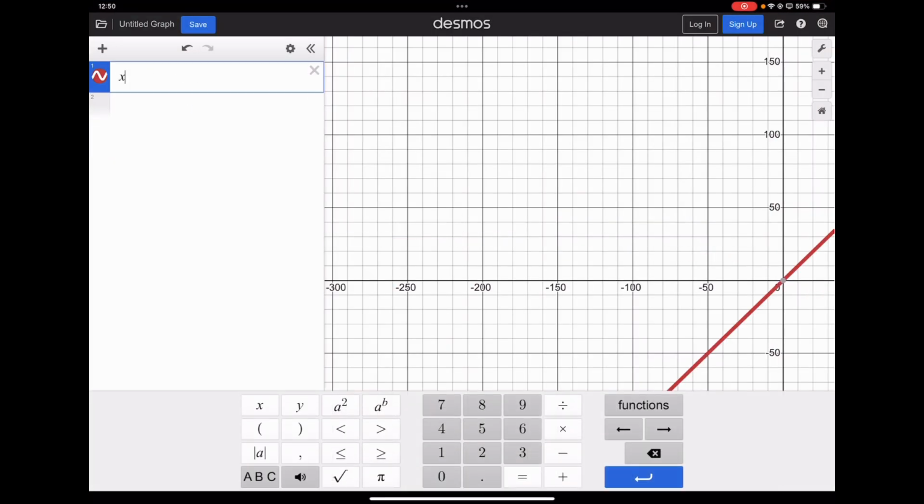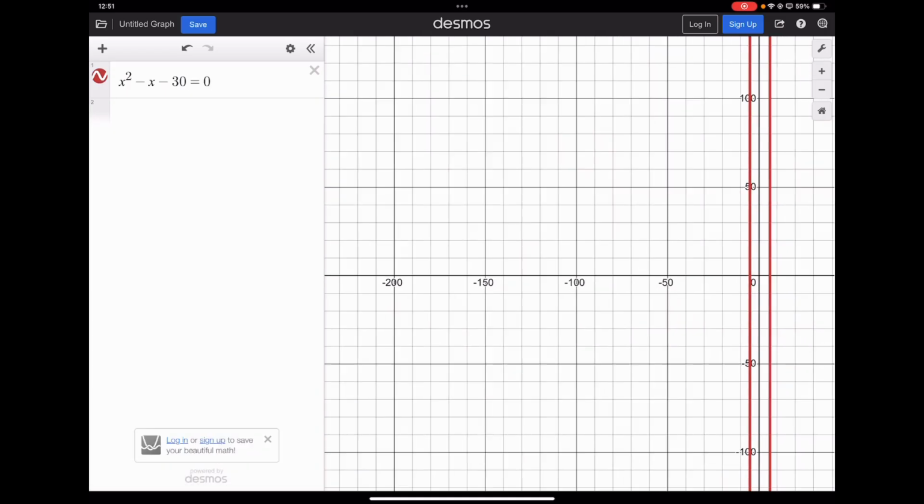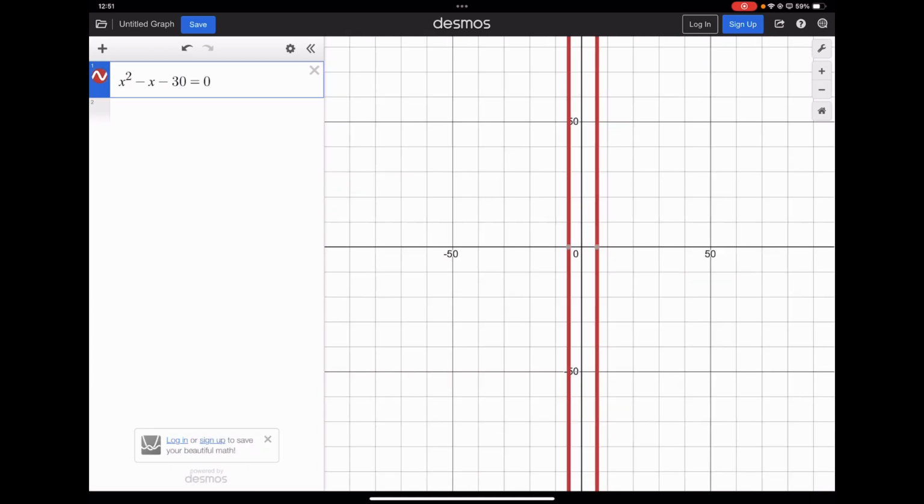So we have x squared minus x minus 30, and we're going to set it equal to 0. When I click on the points on the graph, it tells me the x-intercepts, and those are the values: negative 5 and 6.